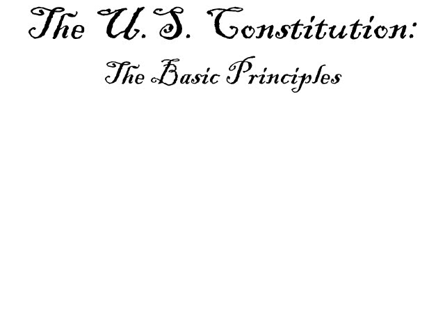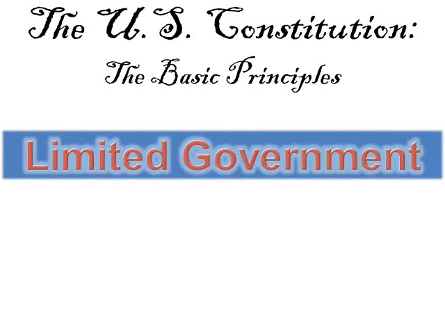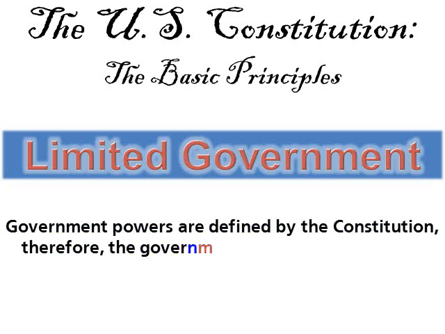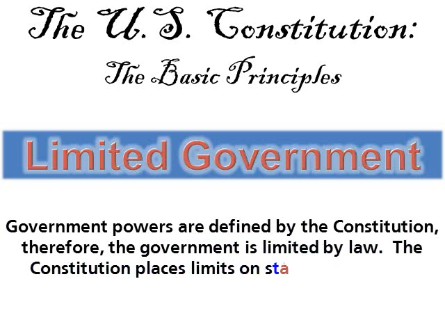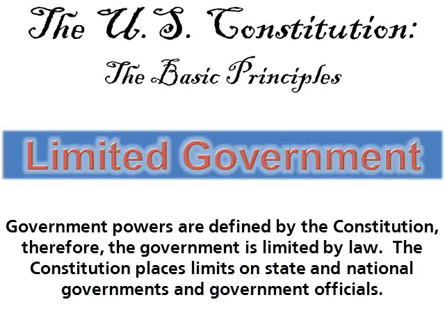Our third basic principle is limited government. In limited government, the government powers are defined by the Constitution, not by other people. The Constitution, which is the supreme law of the land, is what determines what governments can and cannot do, what government officials can and cannot do.